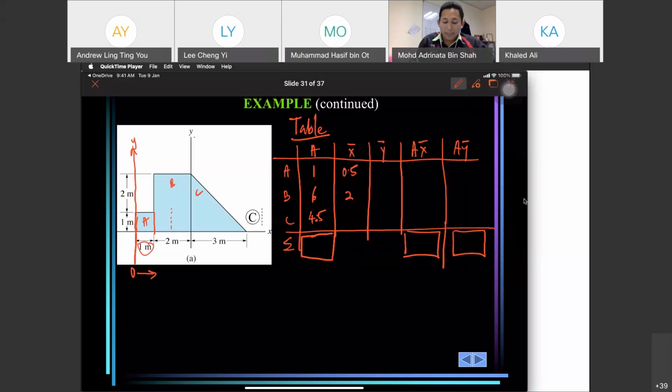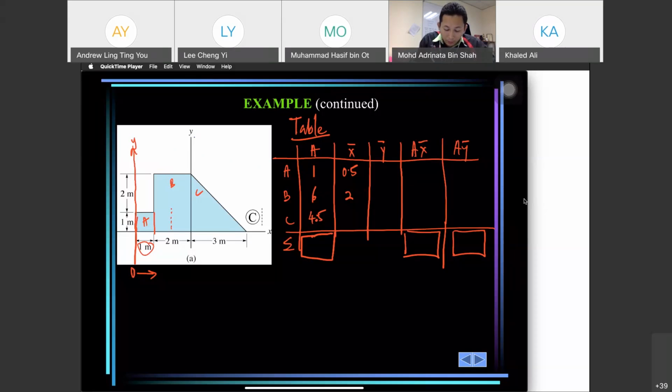Okay? If you don't understand, please ask. Please ask, okay? And the centroid of the triangle, which is shape C, is 1/3 over the base, which is 1.